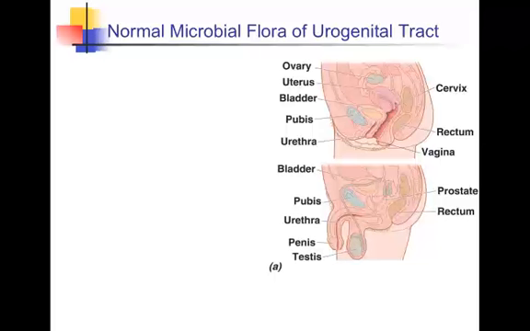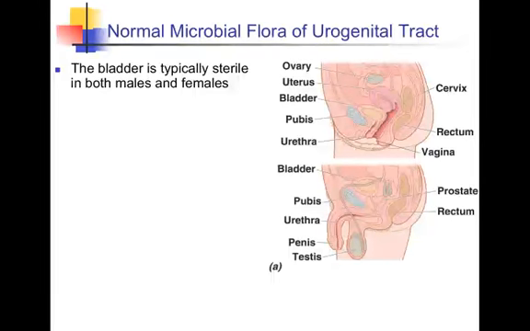If we look at the bottom end of the gastrointestinal tract, or closely associated components of the human body that are part of the urogenital tract, you can see some characteristic structures there for both males and females. The bladder in both males and females is typically sterile unless there's a disease process occurring. We've talked about some sexually transmitted diseases that cause urethritis.